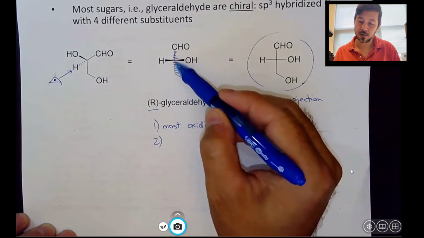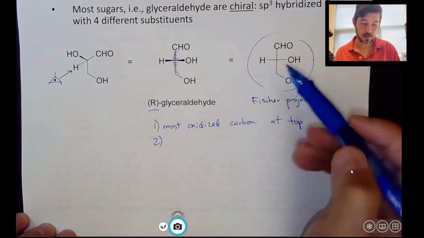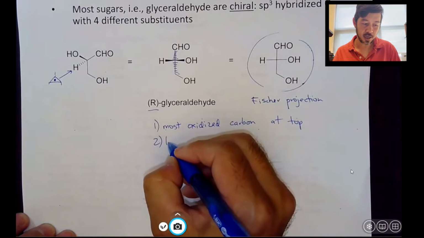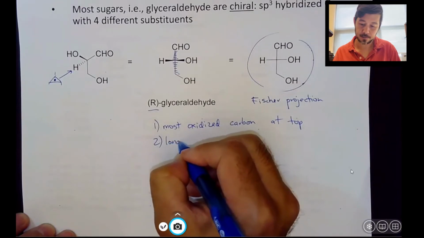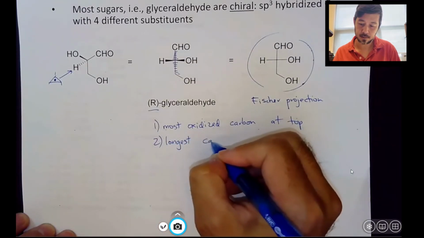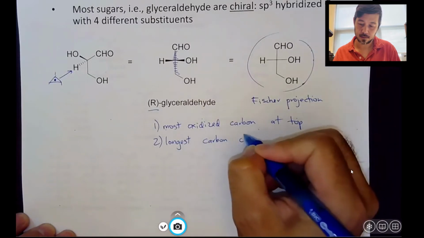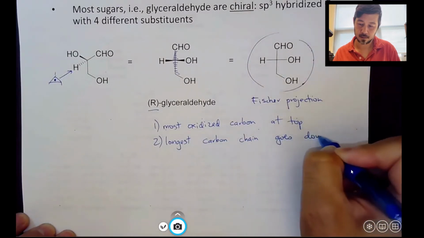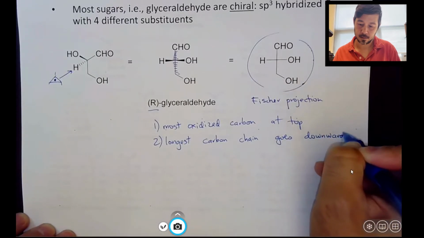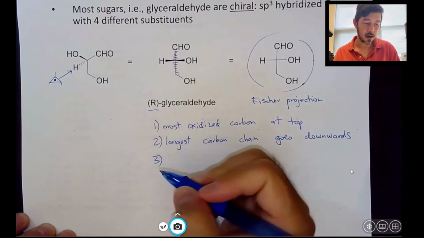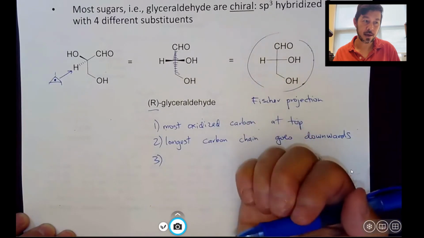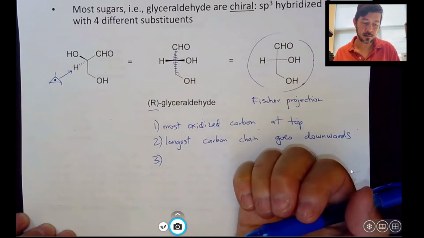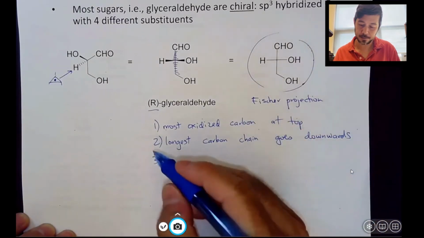So here we have 1, 2. So the longest carbon chain goes downwards. Vertical bonds point away and horizontal bonds point towards you.